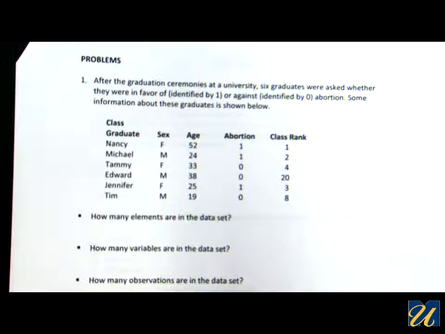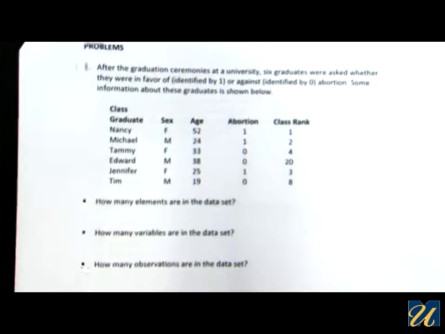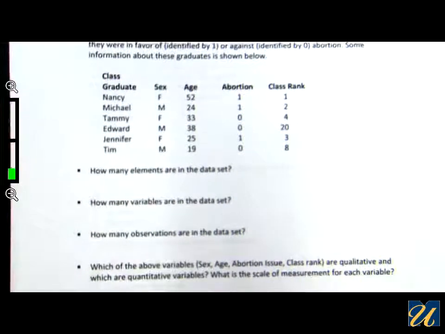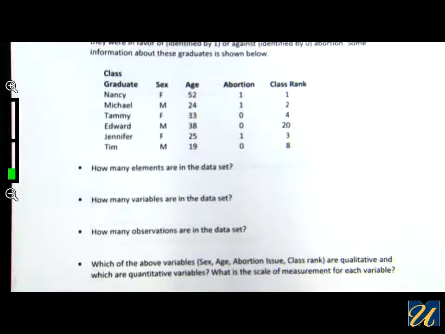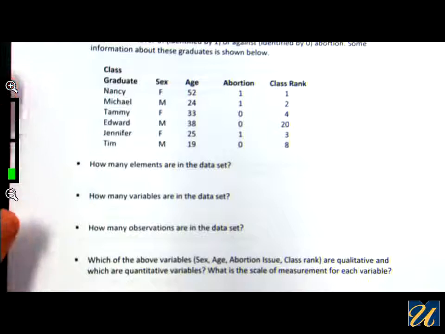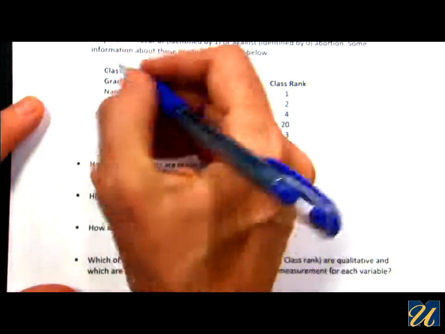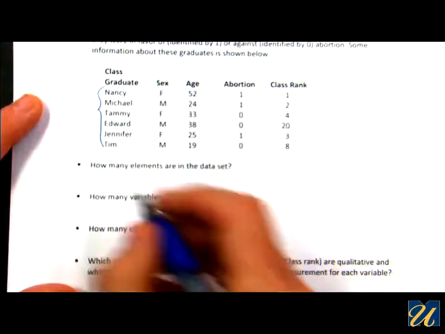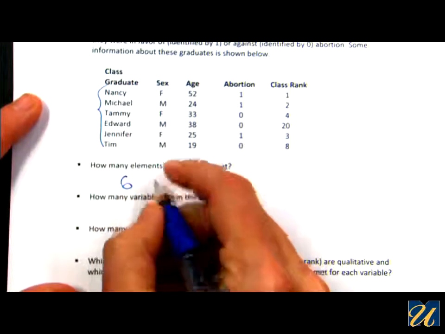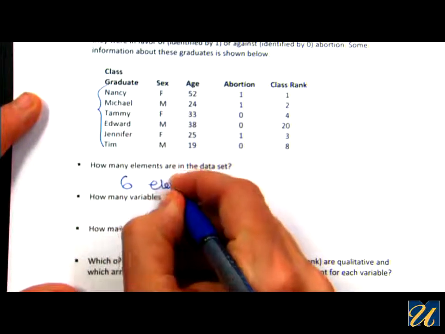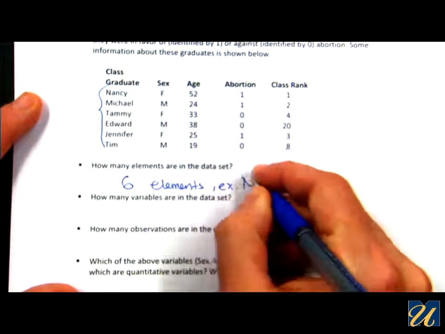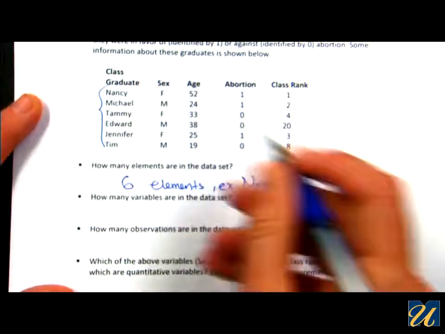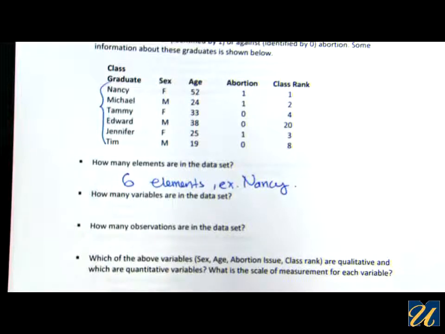Based on this table, I'm asking for the elements, how many elements are in the data set. So based on that, we have 6 elements. These are your elements. For example, Nancy. Any of the 6 students interviewed.